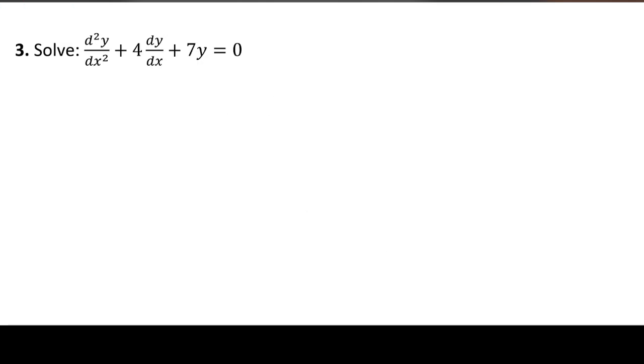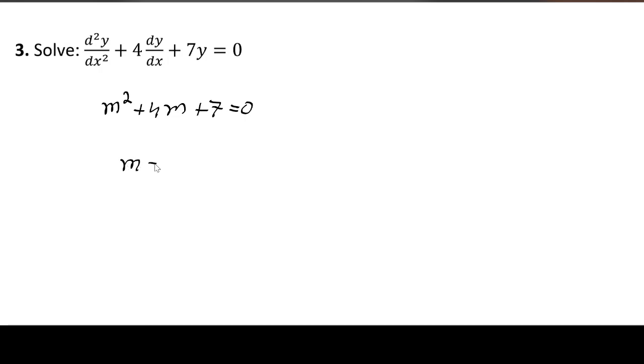That is d²y/dx² + 4 dy/dx + 7y = 0. If I write the standard form, m² + 4m + 7 = 0.